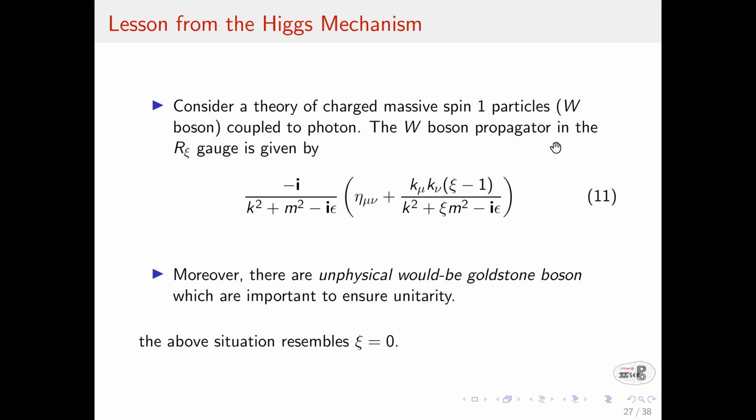What does the Higgs mechanism tell me for spin equal to 1? Why can I not make it work? If I'm ambitious enough to work for all spin, I should first make spin 1 work. And when I look at that part, I see that this is not enough. If I had xi equal to 0, I have to add these would-be Goldstone bosons, or I have to take something analogous to xi equal to infinity, where the would-be Goldstone bosons decouple. This thing as it stands doesn't work, even for the W boson, where we have a good theory.